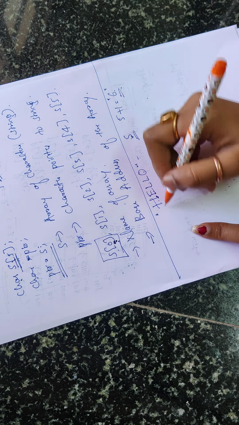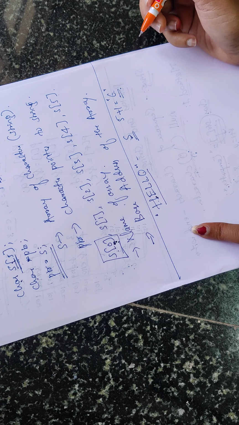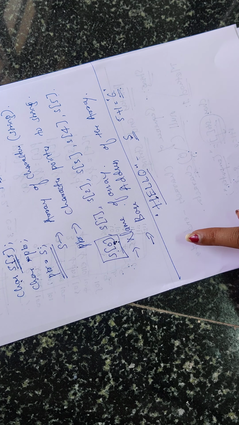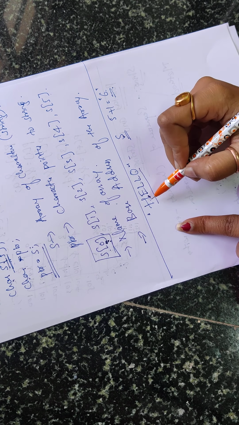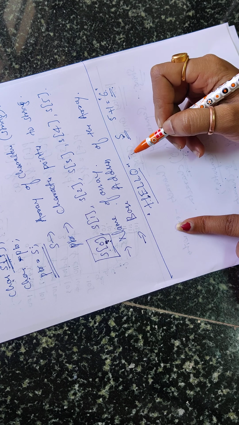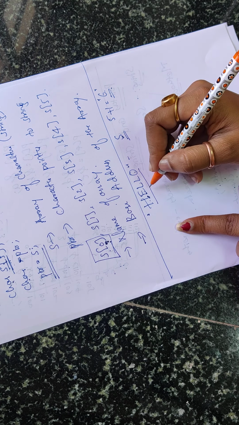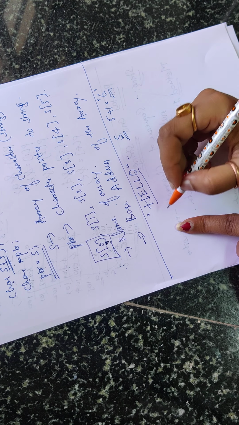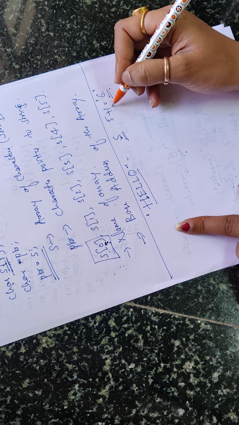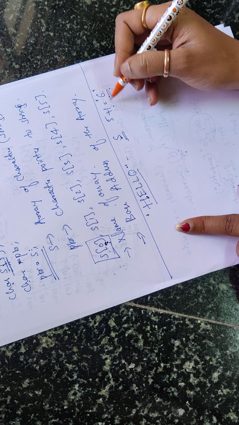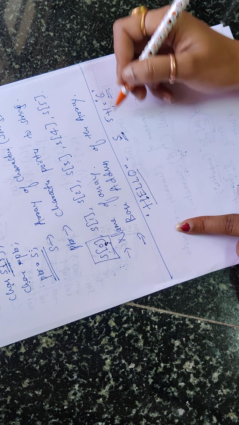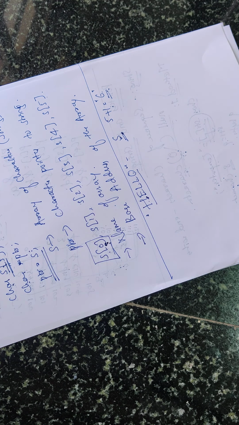The length of the array is the number of characters present in that string, and you have to add 1 for the null character. So your S array size is 6 bytes.